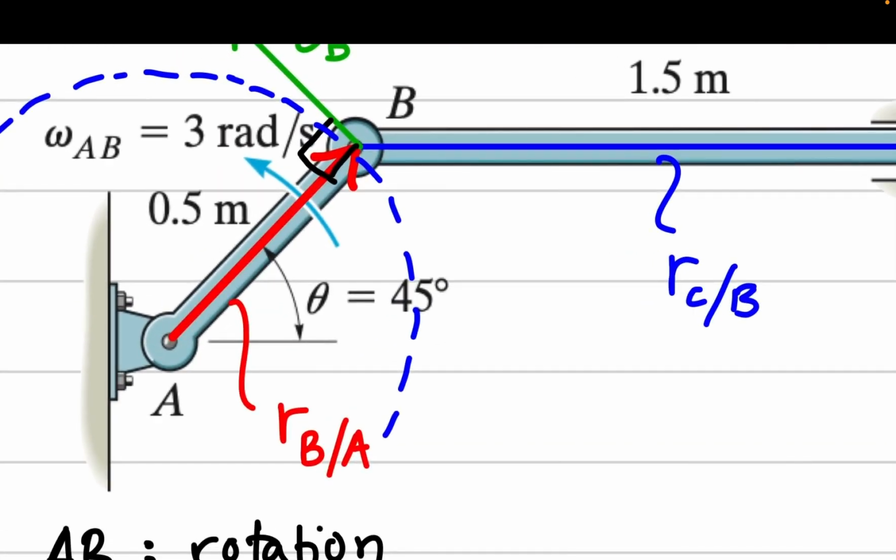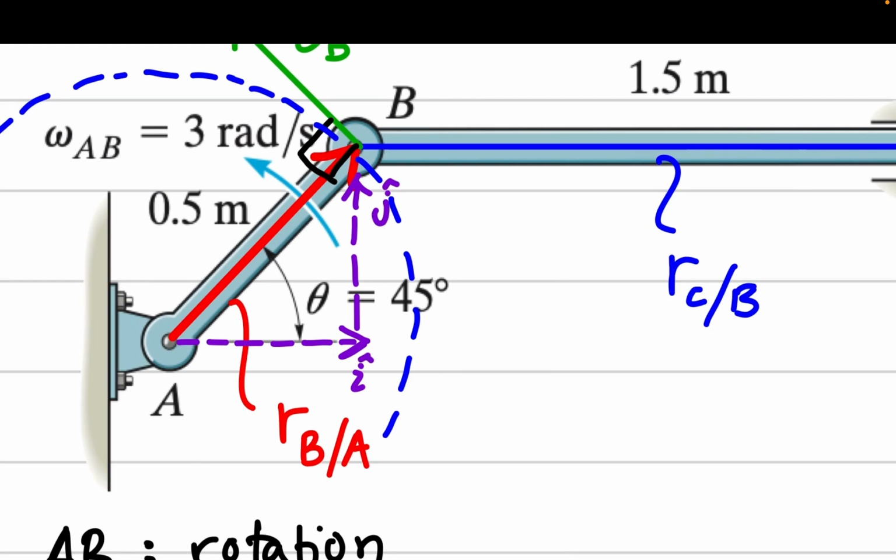When we zoom in, we need the X component to make a triangle out of this. X component is pointing in this direction to the right, which will be positive, and the Y component should be pointing upwards, which is also positive. So this will be the i component and this will be the j component.